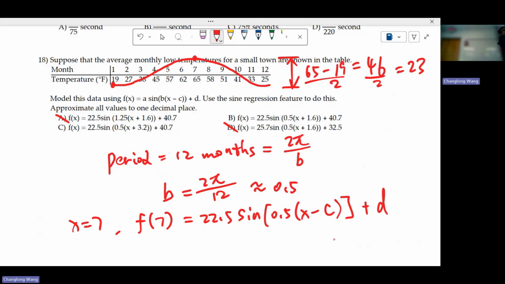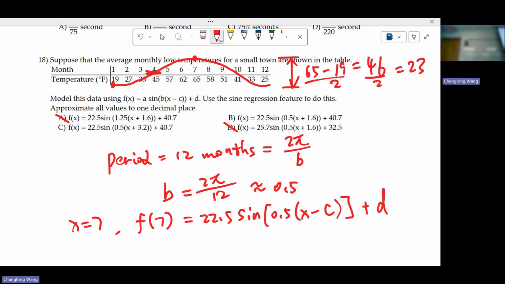So from 19 up, by adding 23 to the 19, is that what you did? Because I'm trying to find out where the midpoint is. So if it's as high as 65, as low as 19, where's the midpoint of the temperature? You add up 65 and 19, divide by 2, right? It's 42. That'll be somewhere in the middle, right?